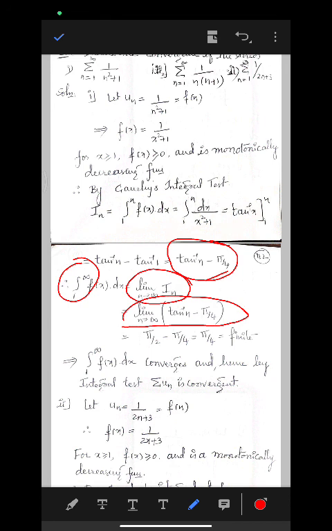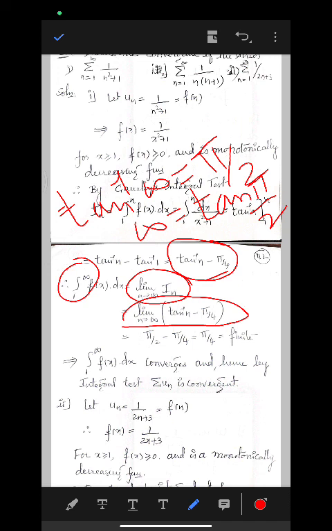In place of n, if you put infinity, we get tan inverse infinity. What is the value of tan inverse infinity? 90 degrees, very good, so pi by 2.